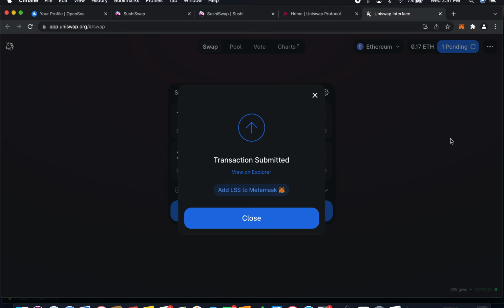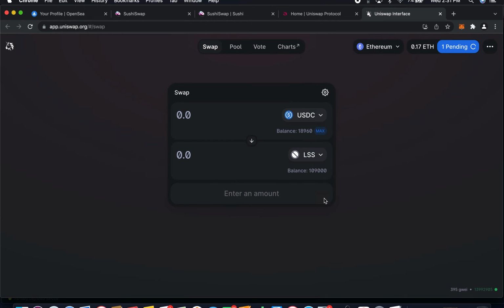Boom. Done. Now, it's pending. If I go to my MetaMask and scroll down to my Lossless, this was my original balance, 109,000. Once this transaction is done, I'm going to see the new Lossless in there. So that's how you get Lossless, man. Use Uniswap.